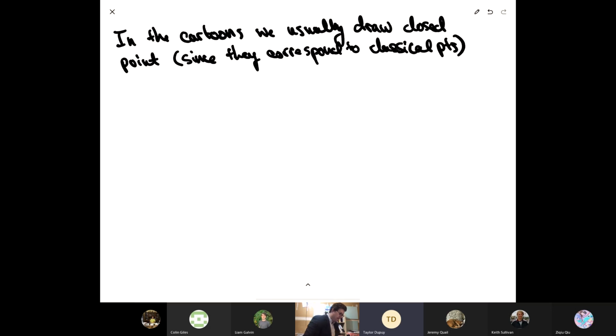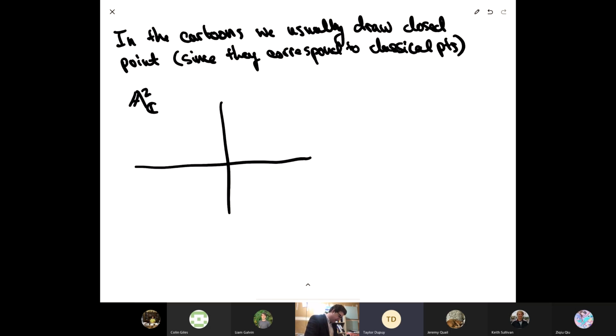But we do have ways of drawing generic points. Let's do A^2 again, our favorite thing. We draw it in a cartoon way, because we're not drawing C, we're really drawing R cross R.